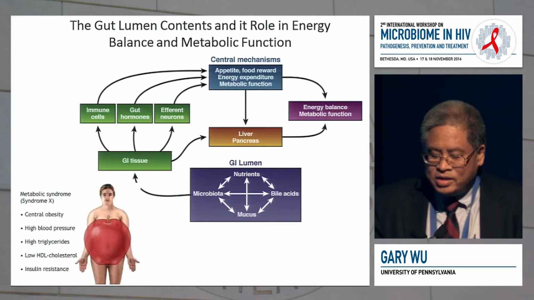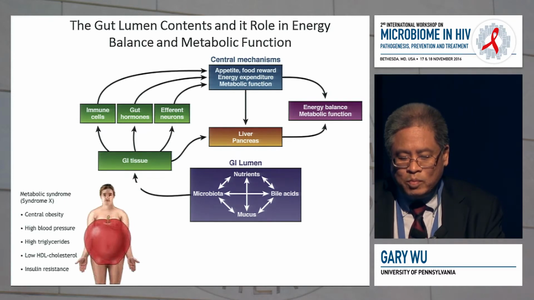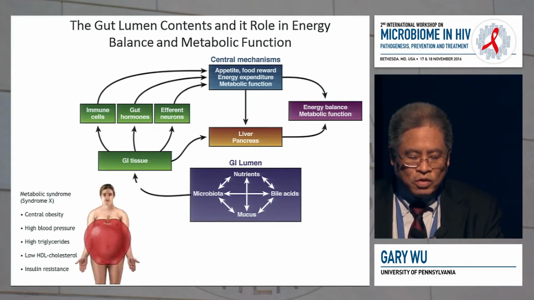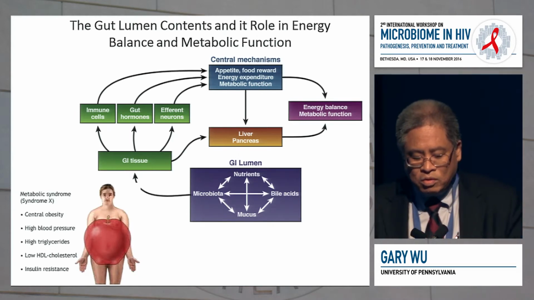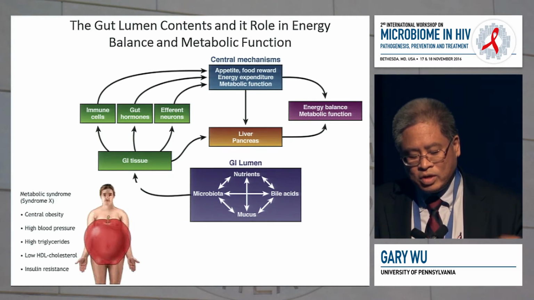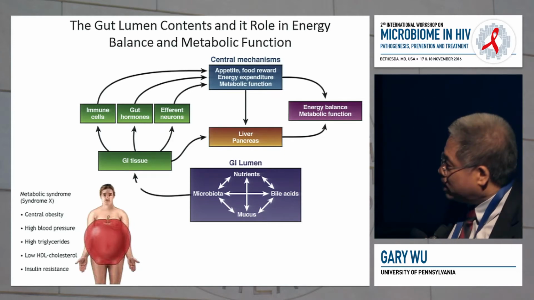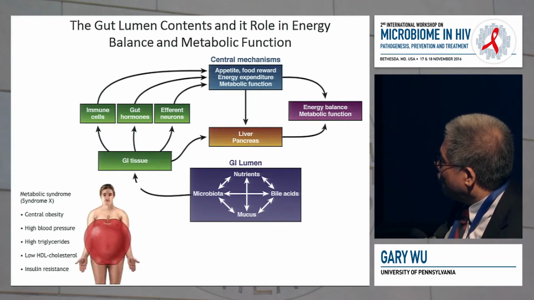So we really can't talk about fat in the liver, NAFLD and NASH, without talking about metabolic syndrome, because they're really very closely intertwined. Metabolic syndrome, as you know, is central obesity, hypertension, hypertriglyceridemia or dyslipidemia, and insulin resistance. So when we think about the interaction with the gut and metabolic syndrome, you can draw out a diagram like this.